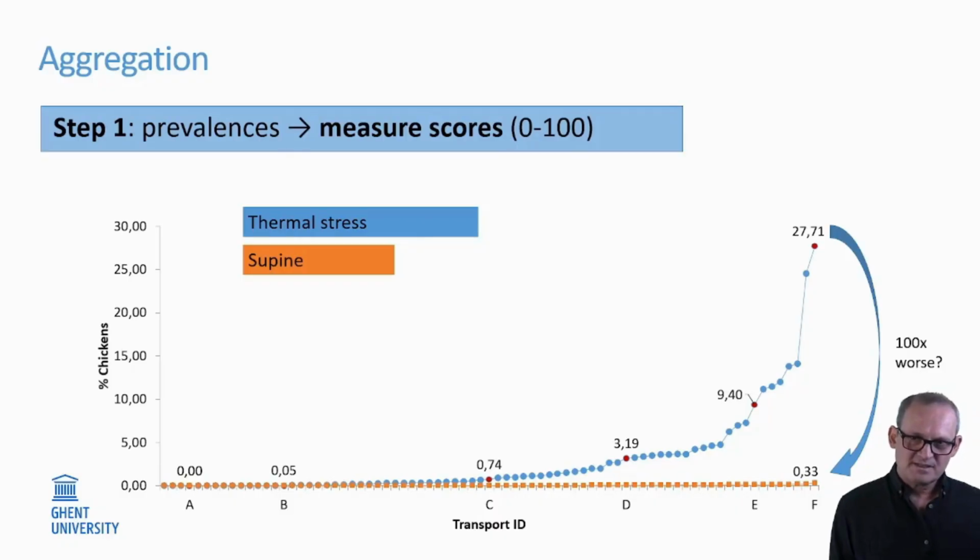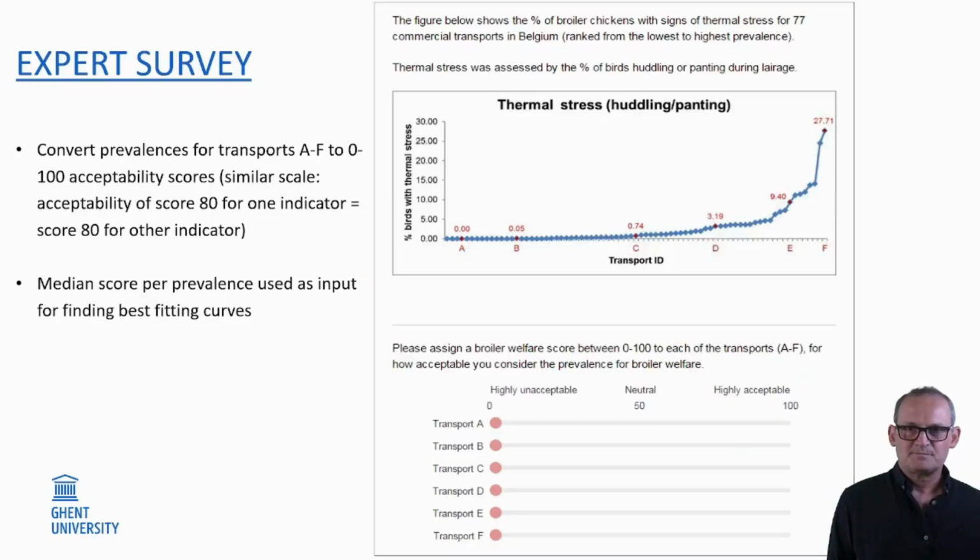So what we asked the experts to do is we presented them with our data on the prevalence of all the flocks that we had assessed in our study, and we selected 6 focal flocks and asked the experts to assign a welfare score between 0 and 100 to each of these 6 focal transports.